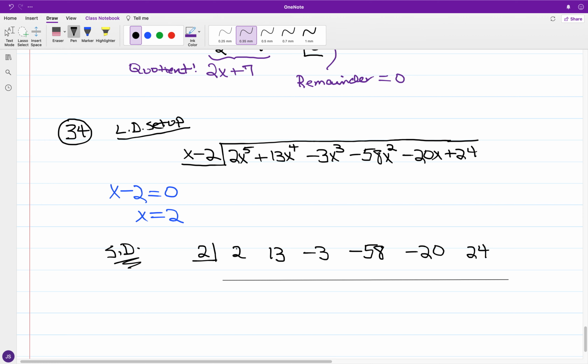Okay, so again, the number at the front from the dividend, I'm just going to bring down. So bring down the leading coefficient. So you got 2 brought down.